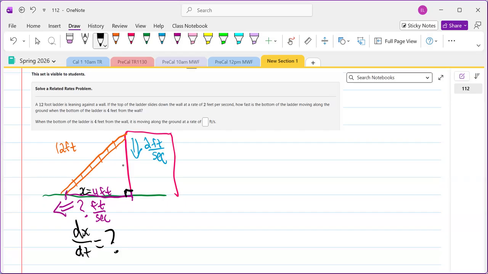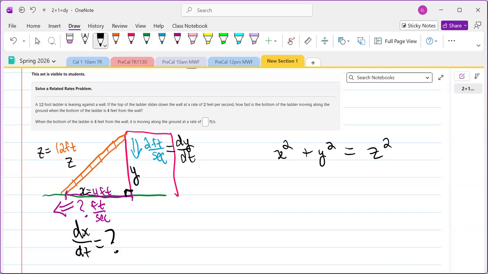I'm going to call this vertical side Y, so this 2 feet per second is dy dt. And for the third side, we'll call this side Z, so this 12 feet is Z. All right, so I'm going to write my Pythagorean theorem formula: x squared plus y squared equals z squared.